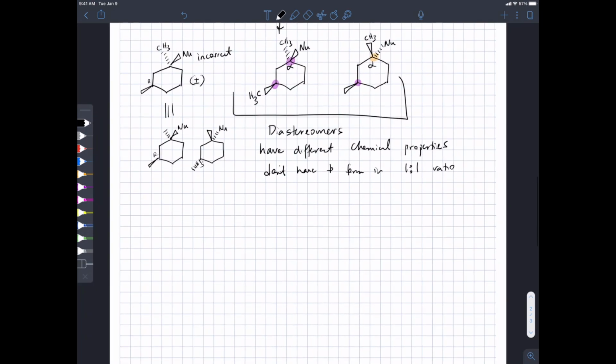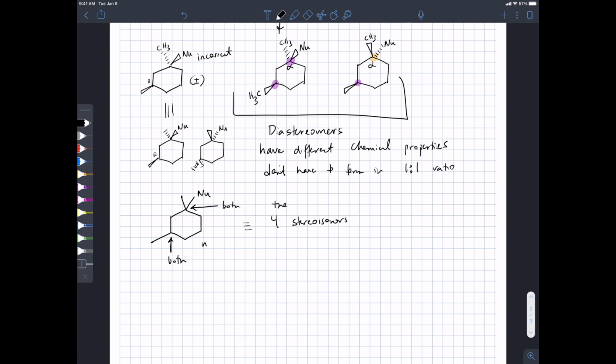Another problem would be to draw the molecule this way, for the same reasons. You mean both configurations there and both configurations there. So this would mean the four stereoisomers, both diastereomers and their enantiomers.